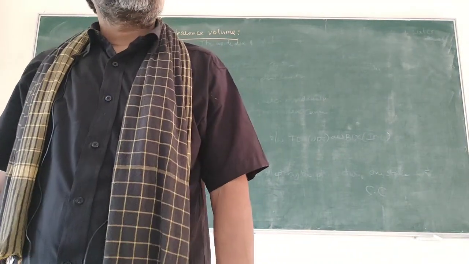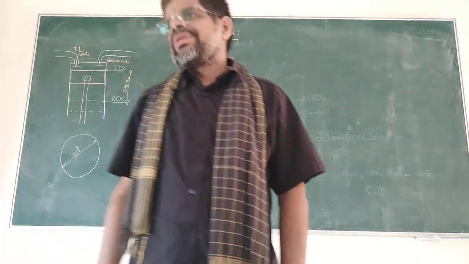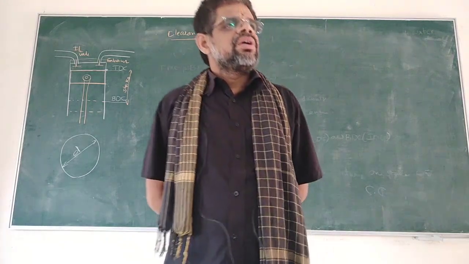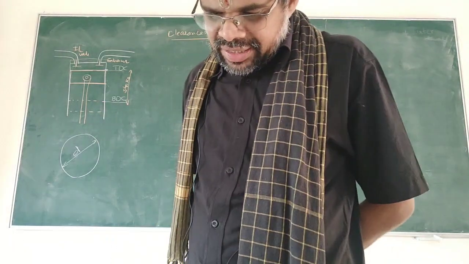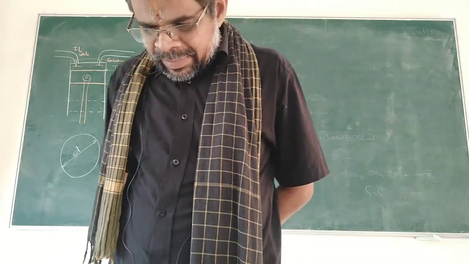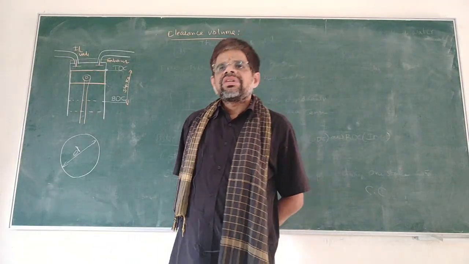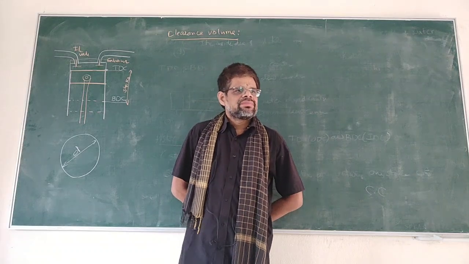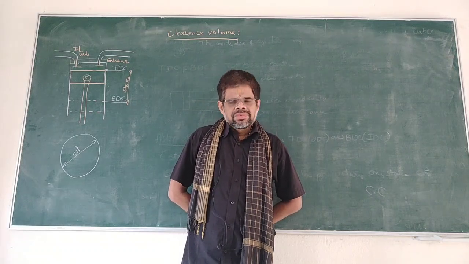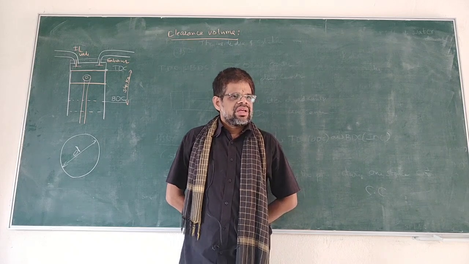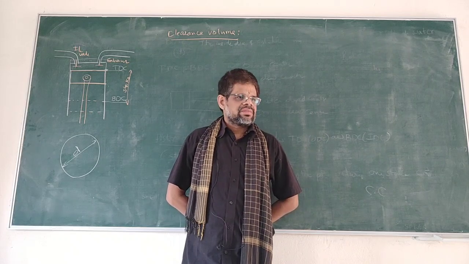This clearance volume is also measured in cubic centimeters. So what is the purpose of leaving this clearance volume? For accommodating valves, inlet valve, exhaust valve, fuel injector or spark plug, right?